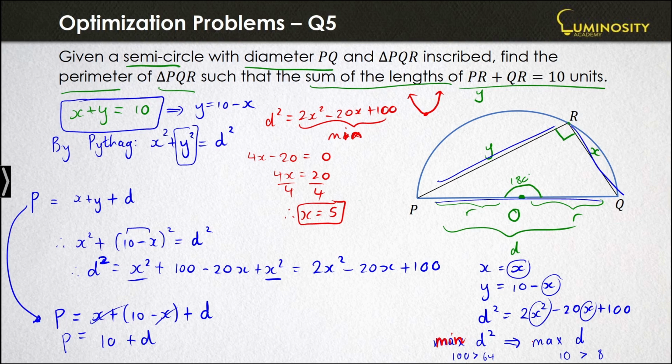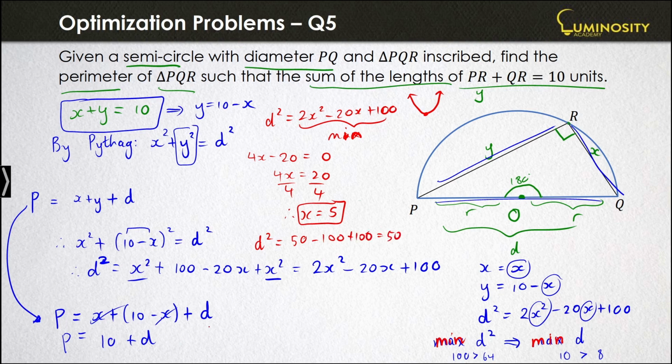Okay, so that's interesting. When you don't know whether it's a minimum or maximum, you can actually interpret it from the end goal, the function that you identified, and that'll tell you based on the shape whether it's a maximum or minimum. So at x equals 5, d squared is going to have a minimum value of what? 2 times 5 squared, that's 50. Minus 20 times 5, that's minus 100, plus 100. So d squared equals 50. That gives you the minimum.